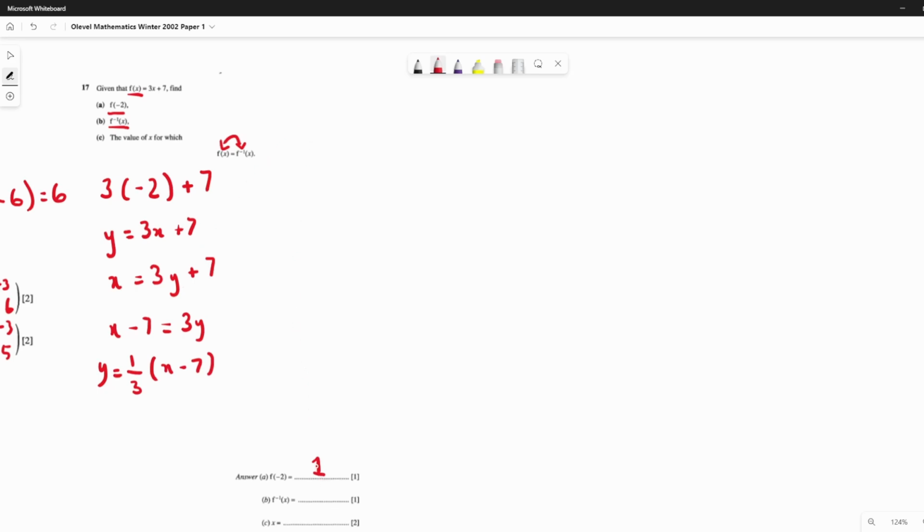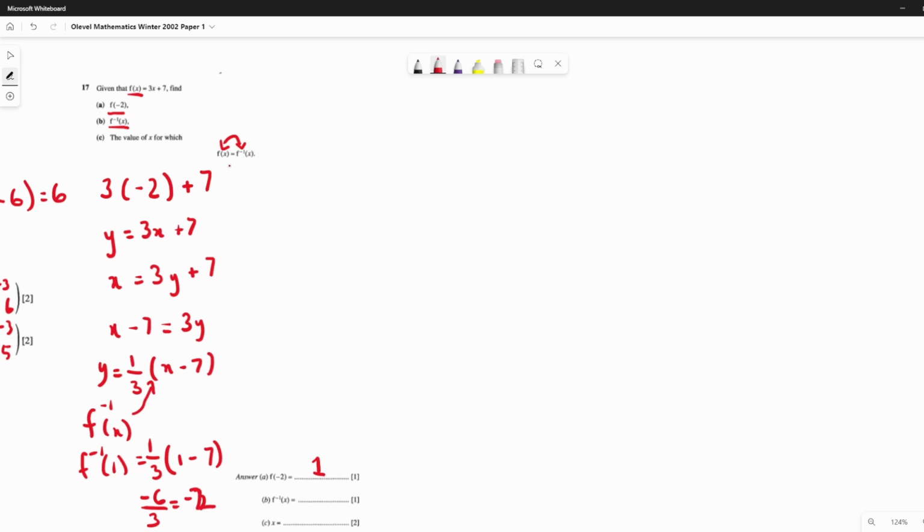To test it, this is f inverse of x, and now we can find f inverse of 1 to test it, and the answer should be -2. So f inverse of 1 is going to be 1 over 3 times 1 minus 7, which is -6, so it is -6 over 3, which gives us -2.